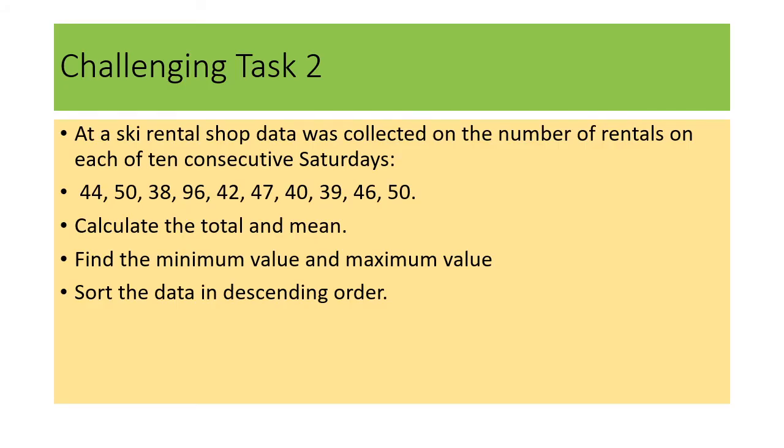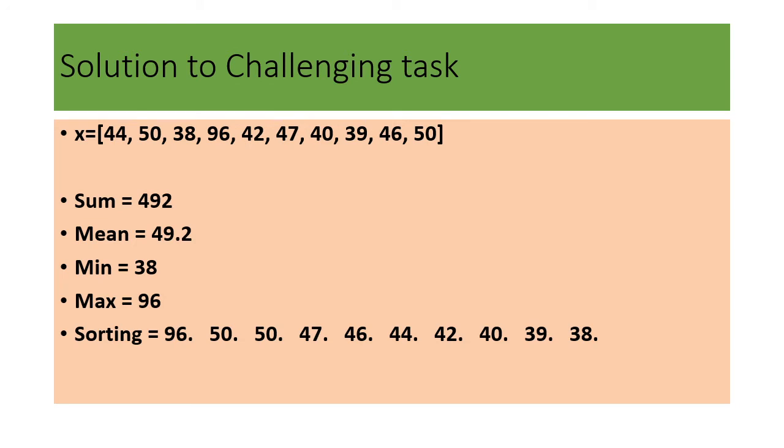So I just brought a word problem here. A set of data is given. The question is to calculate the total, mean, minimum value, maximum value, and to sort the data in descending order. To calculate the total, we'll be using sum of x. To identify the mean value, we'll be using mean of x.